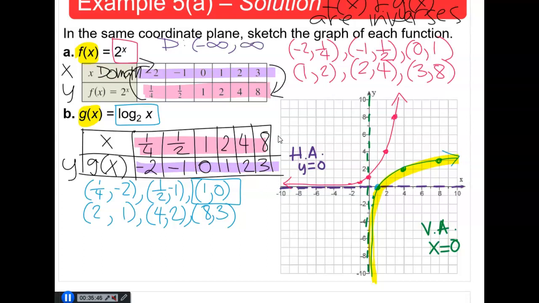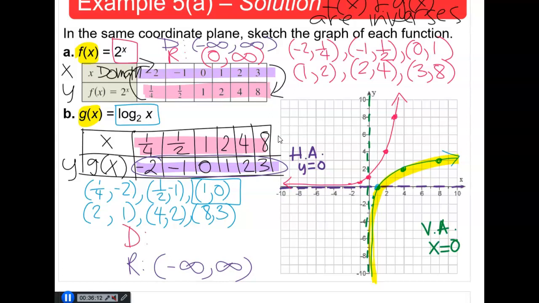The x values highlighted in purple. So now here with the inverse function, those became the range values. All real numbers from negative infinity to positive infinity. And then here for my range values, those will be from 0 without including 0 to infinity. And so that is actually what is the domain of the logarithmic function.